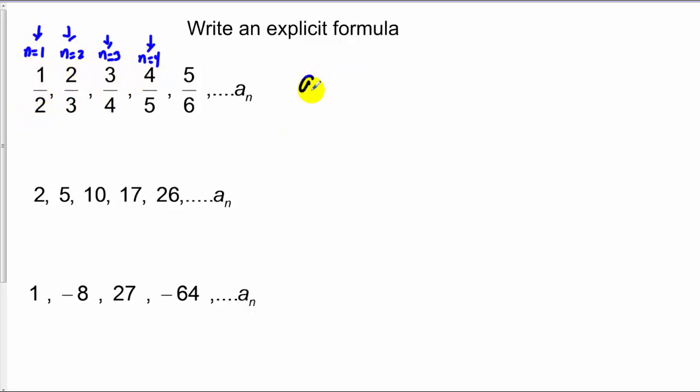So if I let my explicit formula be the nth term is equivalent to n over n plus 1, that gets every single term in my list. In the second sequence, we do the same thing. n has to equal 1, 2, 3, etc.